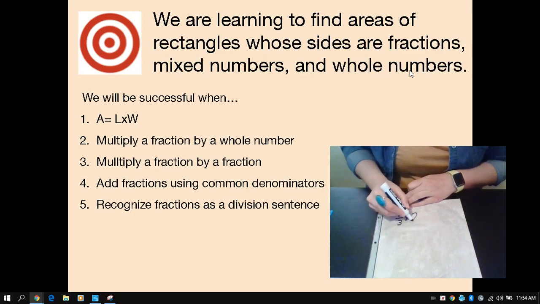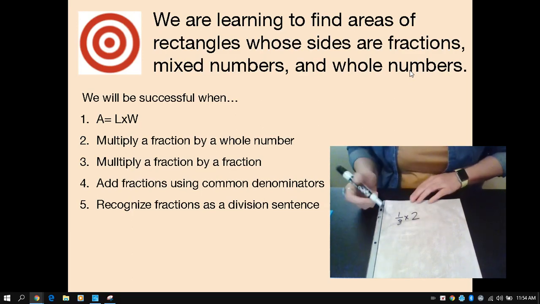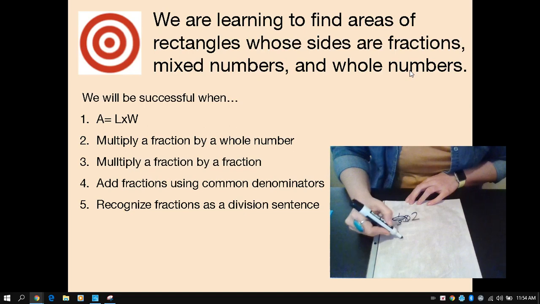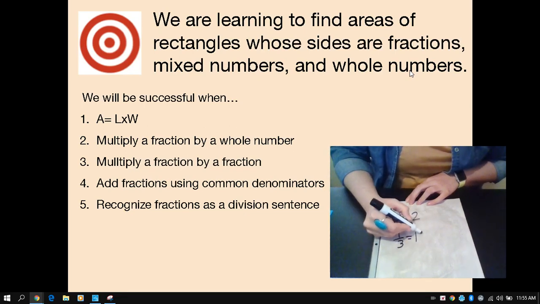times a whole number. So when we multiply our fraction times our whole number, we can multiply first or we can divide first, because this 1/3 is actually equal to 1 divided by 3.